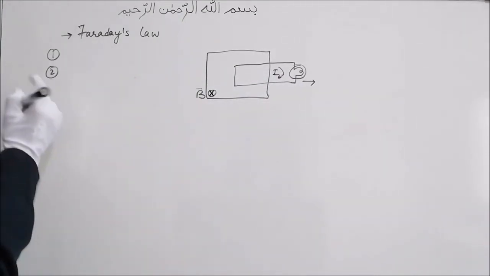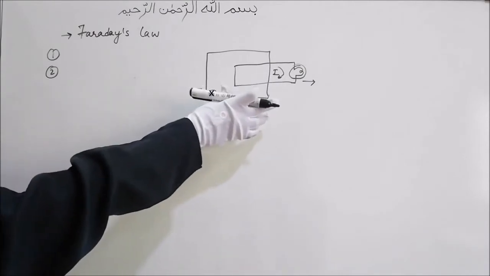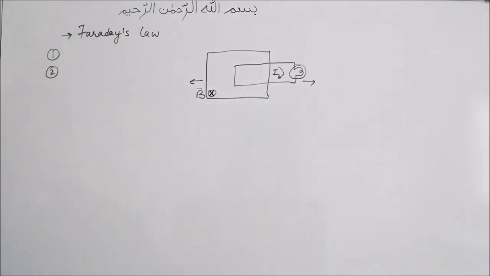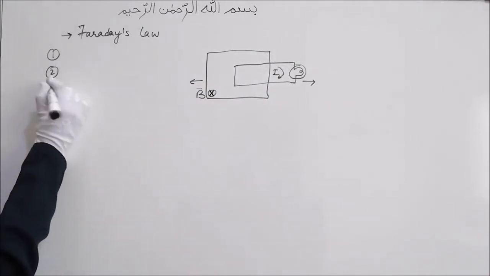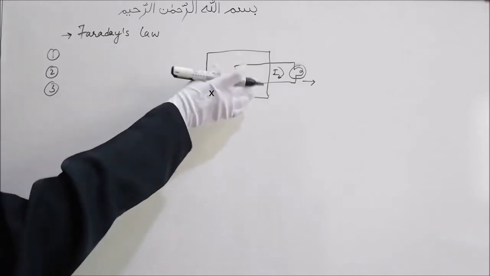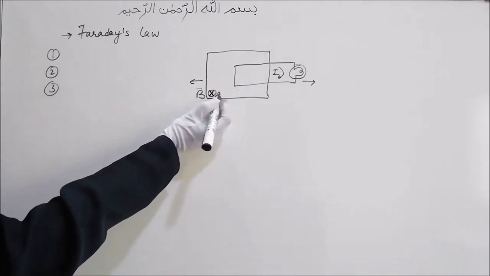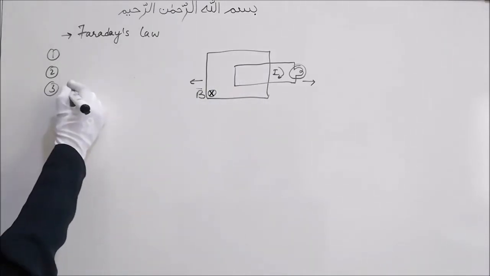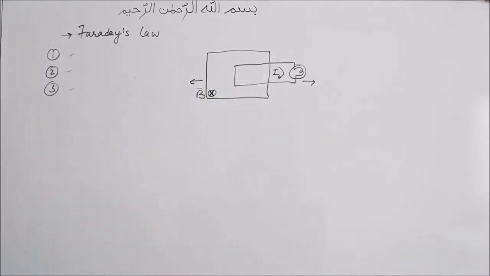Second, by keeping the loop stationary, we can move this region of magnetic field backwards, then also the current will be induced in the loop. And the third case, we can keep the loop still, but we can change the strength of this magnetic field in that region, then also current will be induced in the loop.